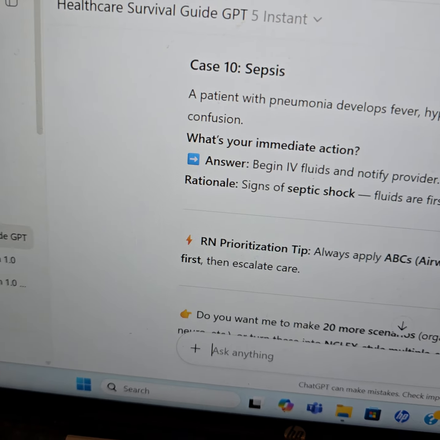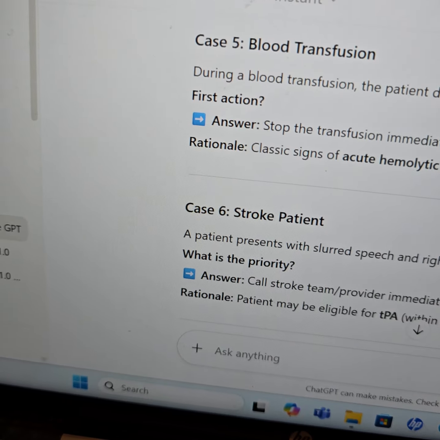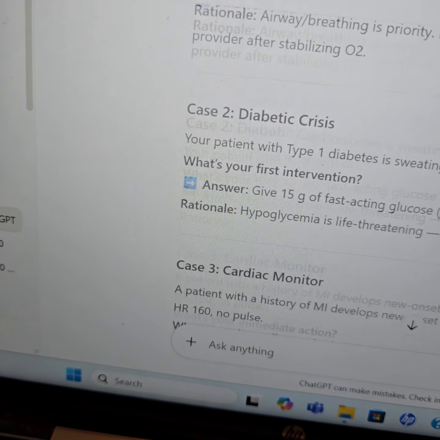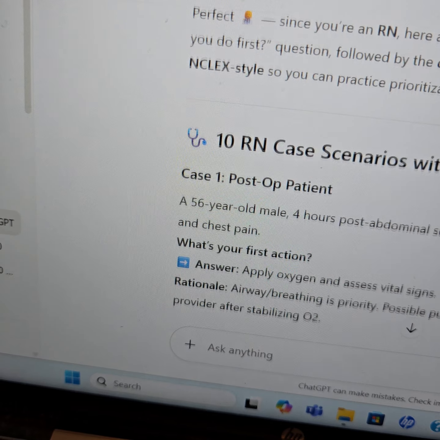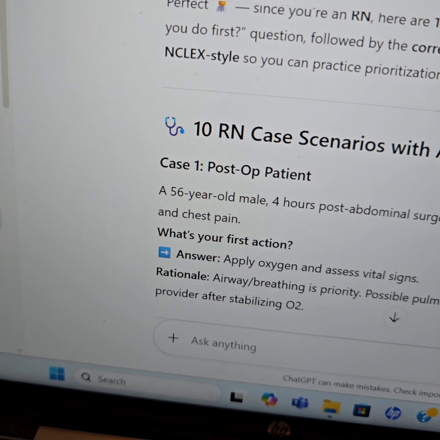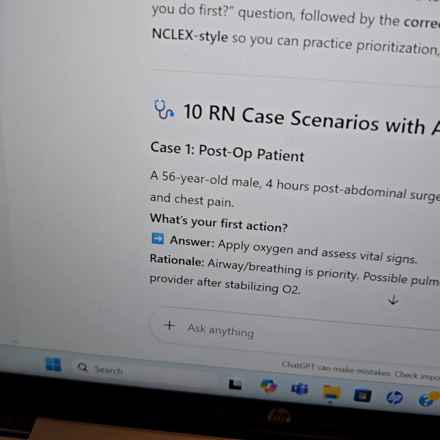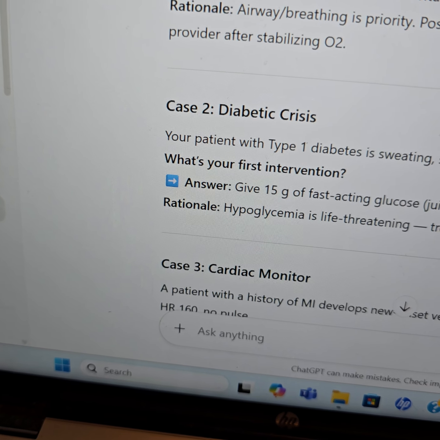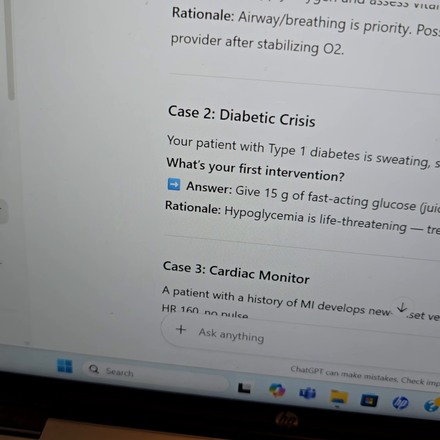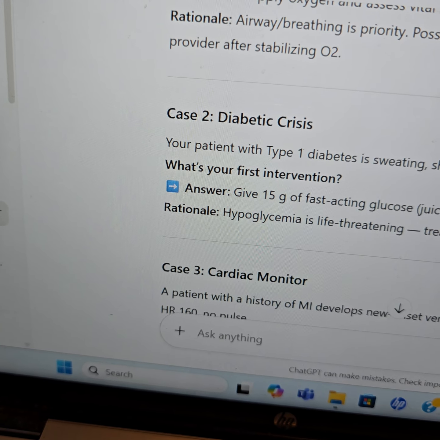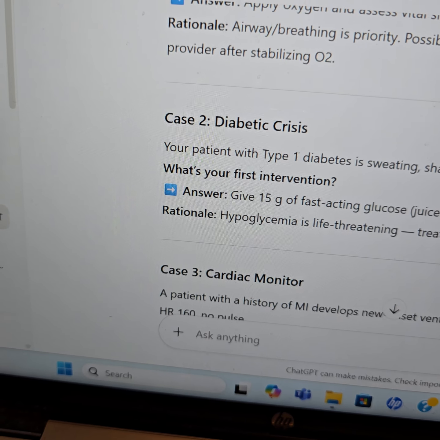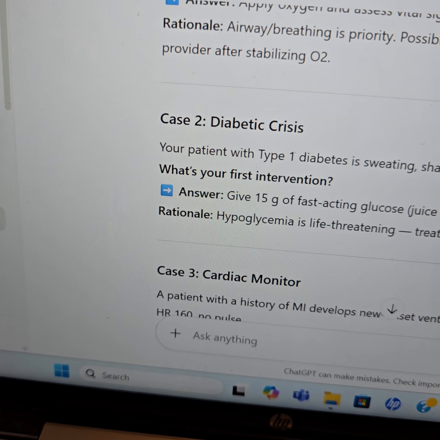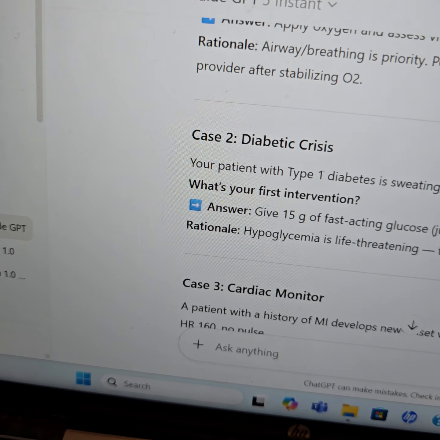Let's do a pop quiz real quick. So let's test my knowledge. Post-op patient, I would say same day surgery or surgery. Diabetic, I would say it could be ER, ICU. No, it could be ER and med surge.